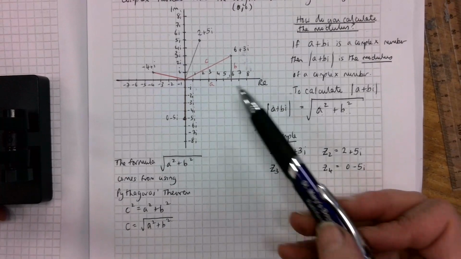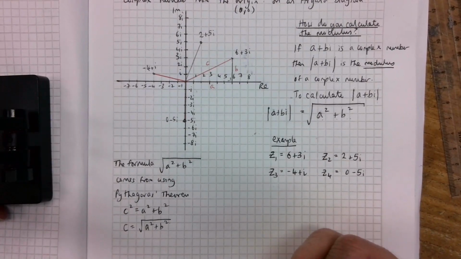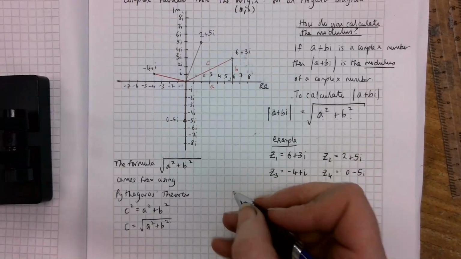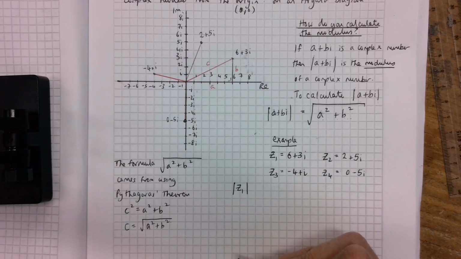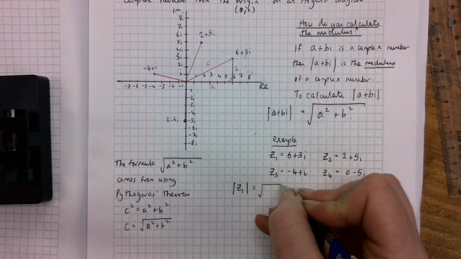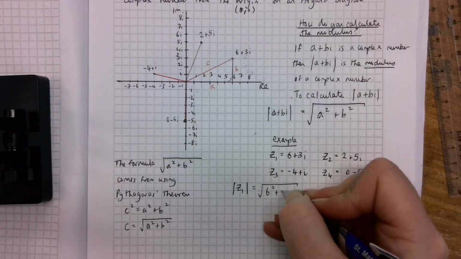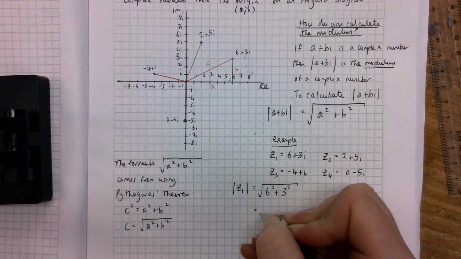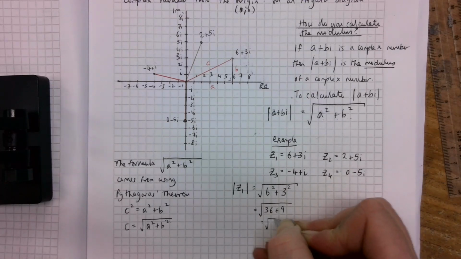So here are our four complex numbers. Let's see which one is furthest from the origin. The modulus of z1, that's how it would be written, is the square root of 6 squared plus 3 squared, so the square root of 36 plus 9, the square root of 45.